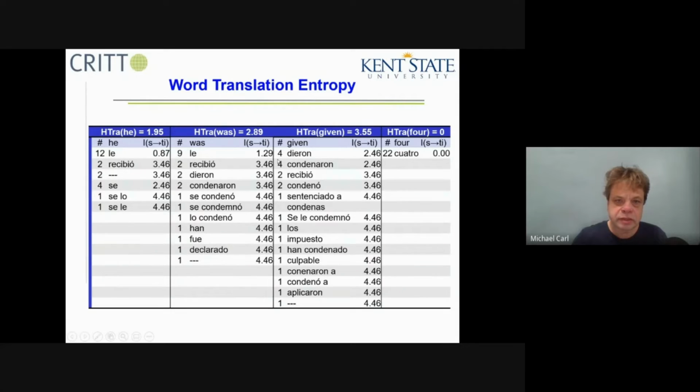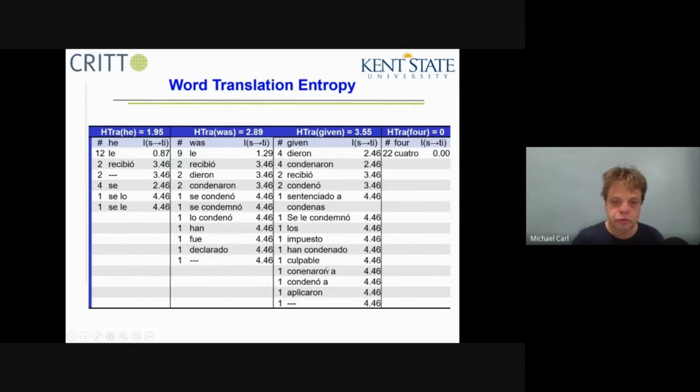Four translators produced this word as a translation. Four translators produced this one here, and then we have a large number of unique solutions for this translation. So we have a large number of different solutions, a quite flat distribution, if you like, whereas for "cuatro", all 22 translators produced the same.